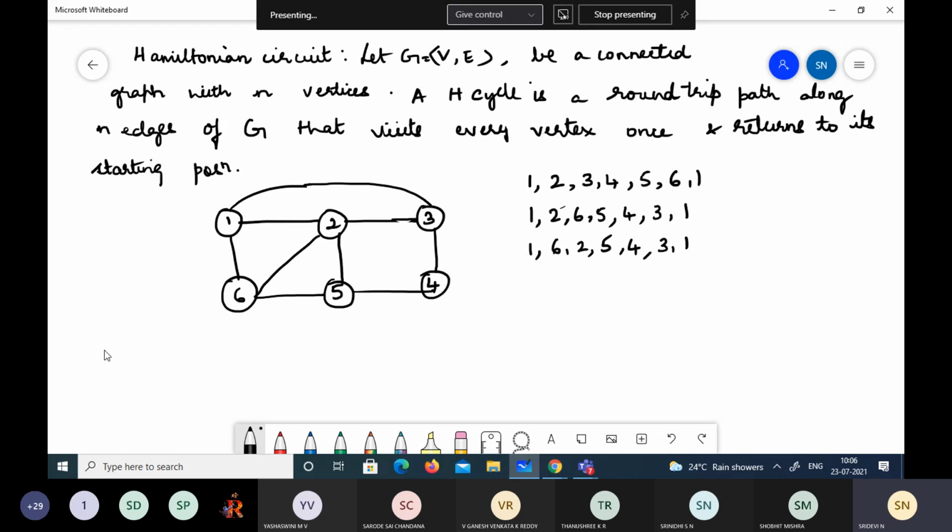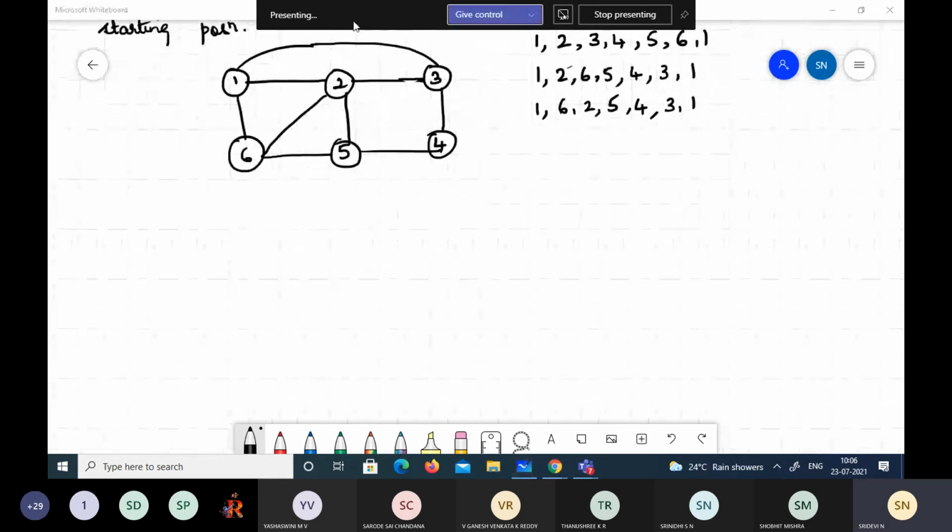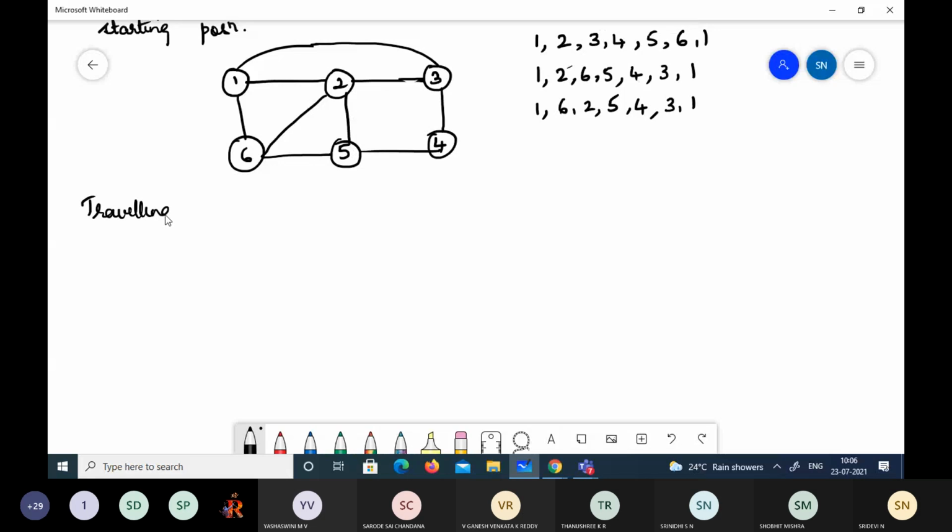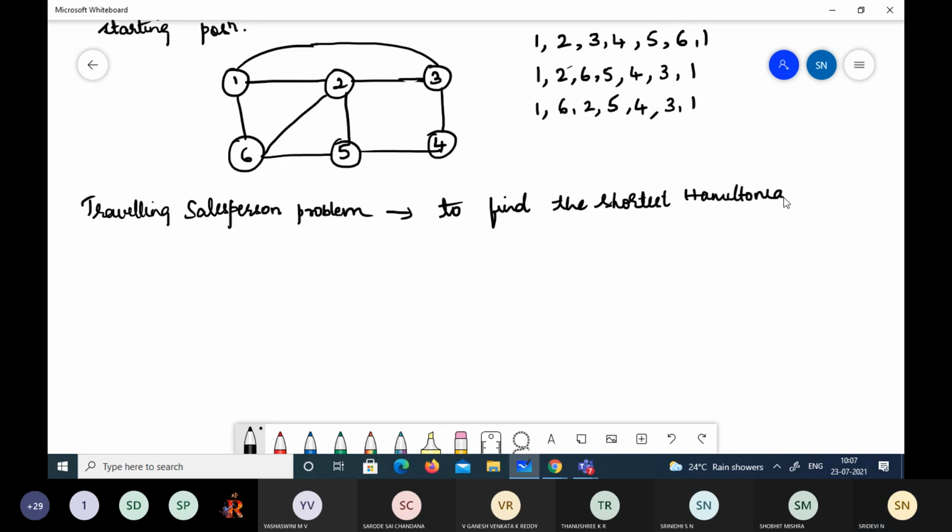It is to find the shortest Hamiltonian cycle or circuit in a given graph.